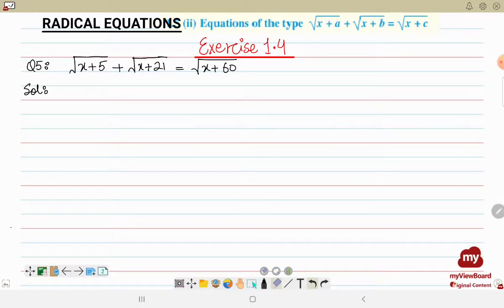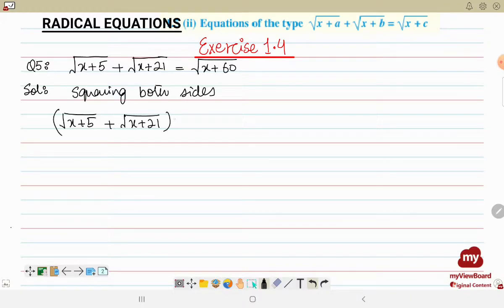We'll square both of its sides and we'll write squaring both sides. By squaring both sides, we are able to remove the radical sign. And here we have the square root of x plus 5 whole square.